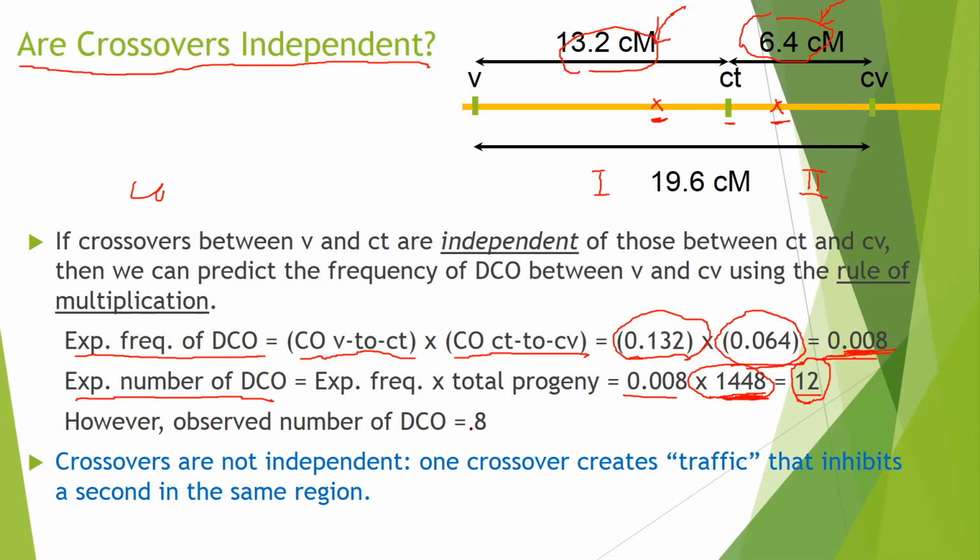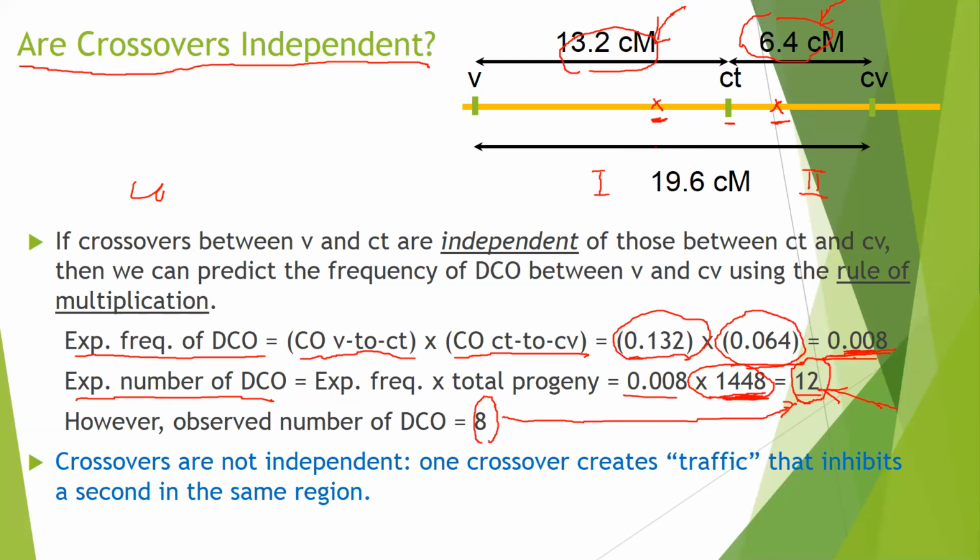All right. However, if you go back to the problem, you're going to see the observed double crossover is only 8. So this number is smaller than this one, which means what? Because the 12 is the expected number of progeny with double crossing over only if these two regions are independent, right?